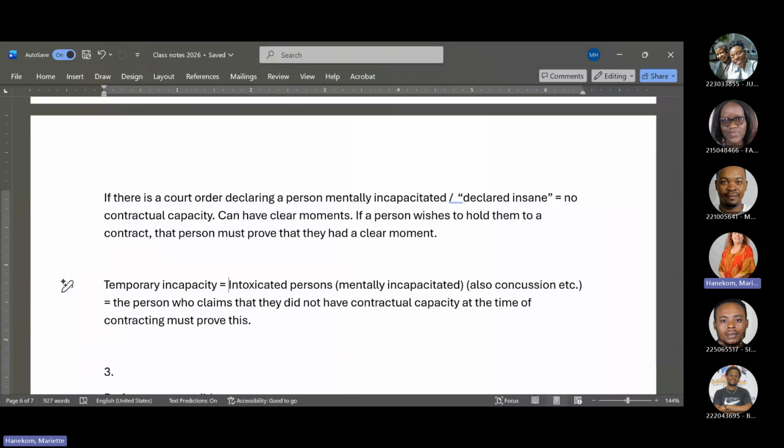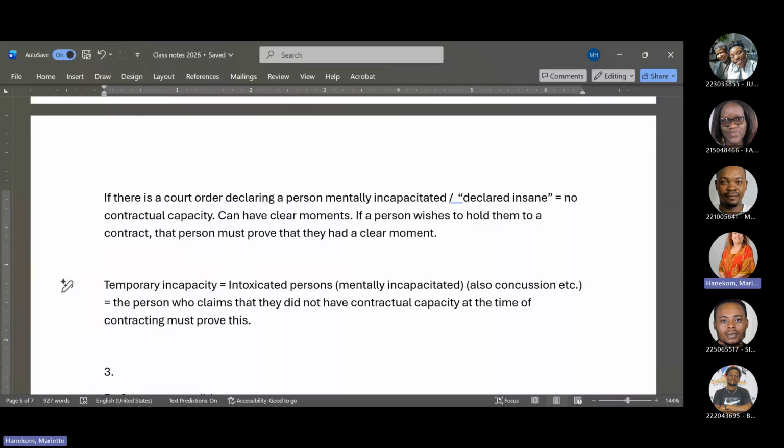If it is a permanent incapacity and there is a court order, the person wishing to hold this person to the contract will have to prove that they had a clear moment.